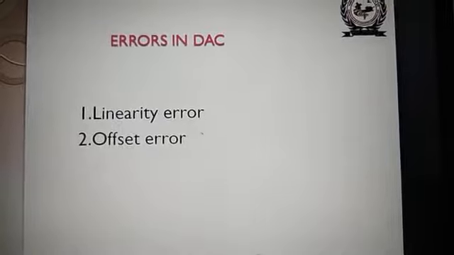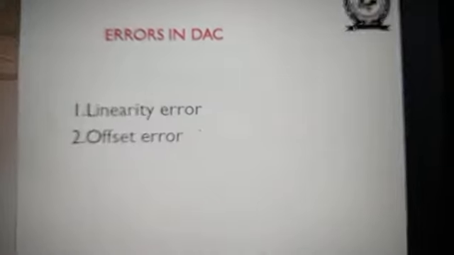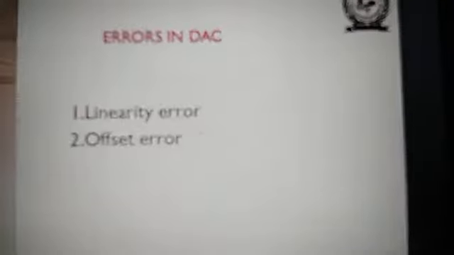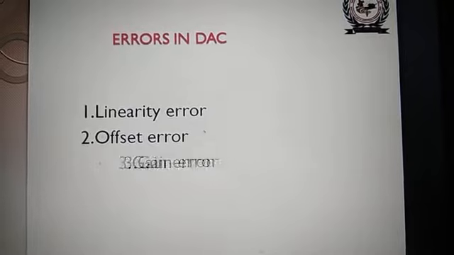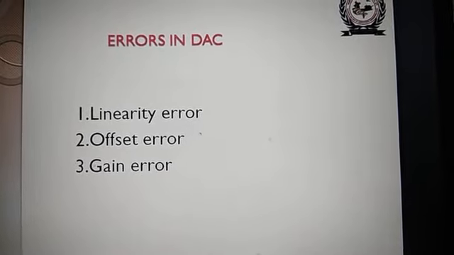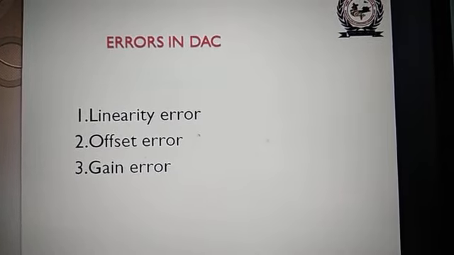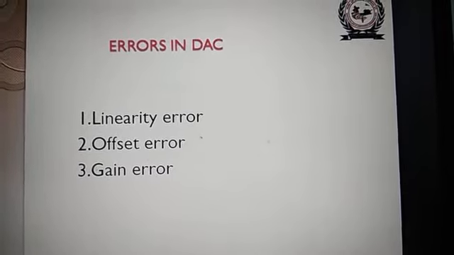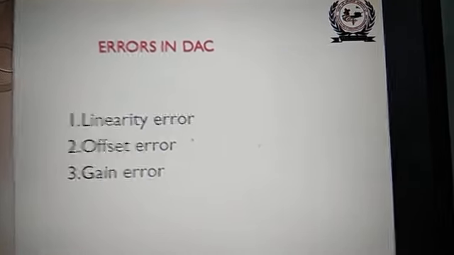Offset error means if there is a certain amount of change in V reference or voltages at the input, offset voltages, that error may occur in the D2A output. Sometimes in R to 2R and binary weighted, due to resistances, if the value of resistances changes, the RF gain also produces error.